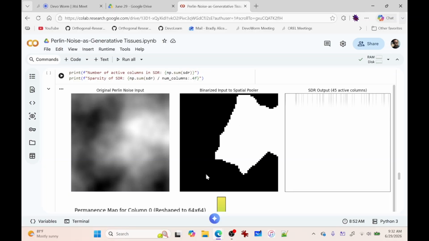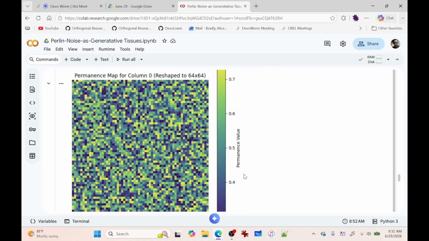It's taking this binarized input to the spatial pooler, so it's like segmenting the image almost. And then it's producing this SDR output into 45 active columns. And then it's giving us this permanence map for column 0. It's reshaping this, and it's giving us this map.